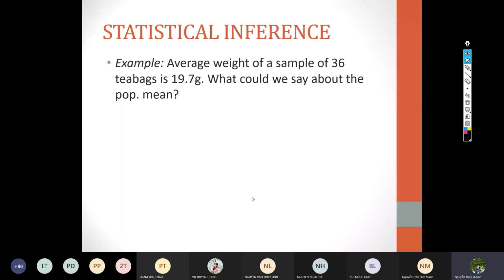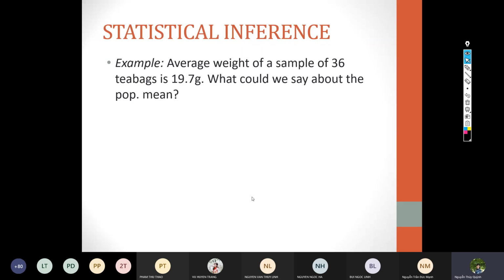Okay, we want to collect a random sample from the population, and then from that sample we calculate the sample statistic, and later we use the sample statistic to make some inference about the population parameters.